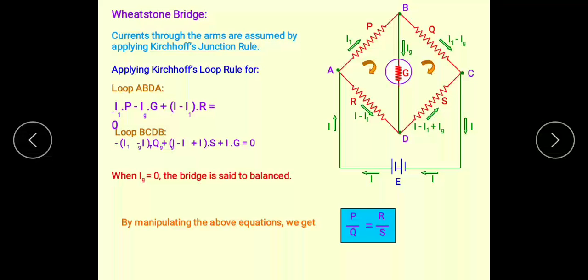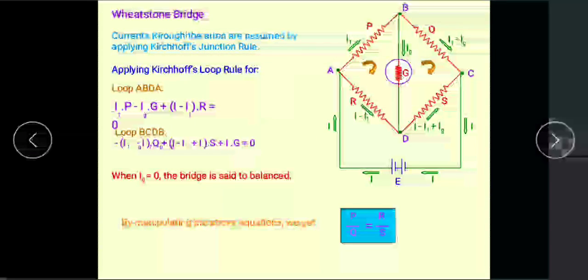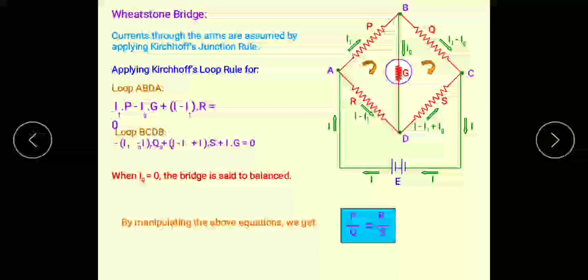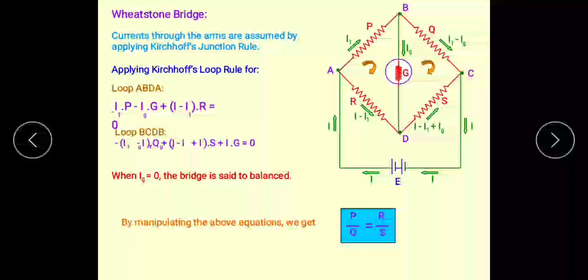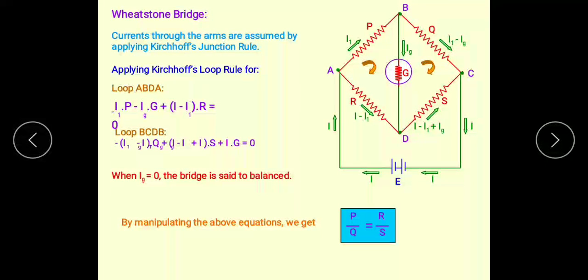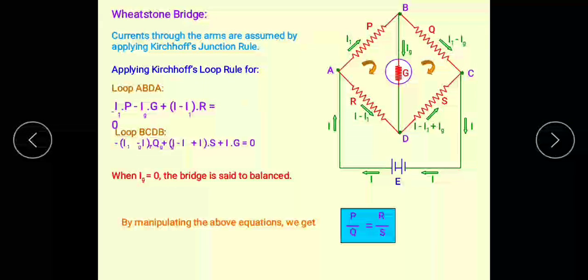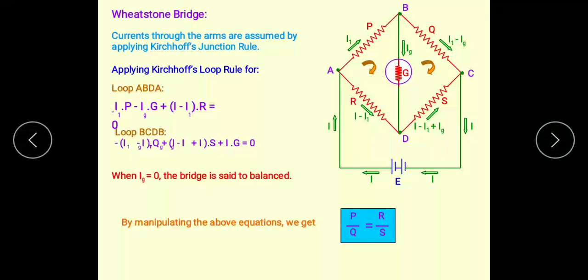Now for D to B, you can calculate easily by multiplying current and resistance, because the calculation is from D to B and the direction of current is from B to D. So it is opposite, and we take the potential difference as positive.